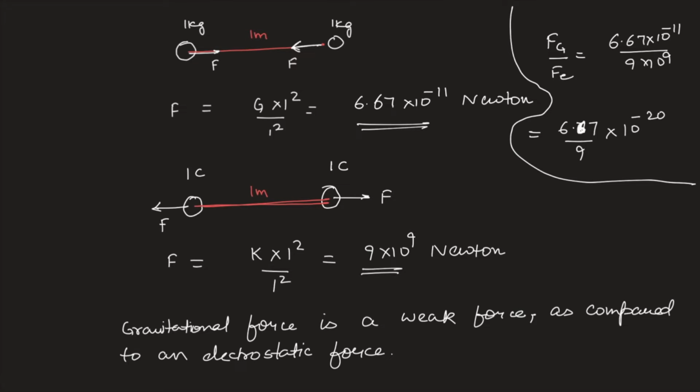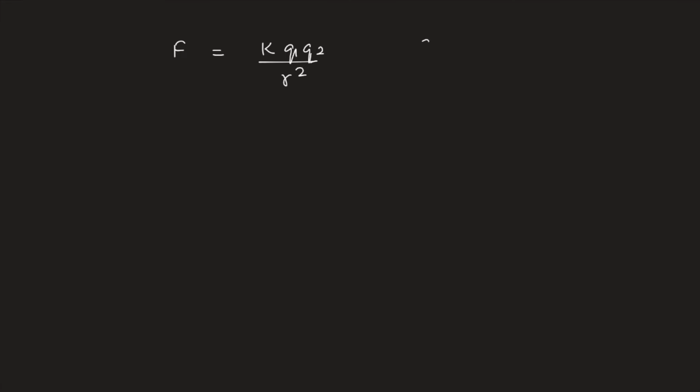Now, what is the unit of K? What is the unit of the electrostatic force constant? We know that F equals K Q1 Q2 upon R square. SI unit of Q is Coulomb, SI unit of R is meters, and SI unit of force is Newton.